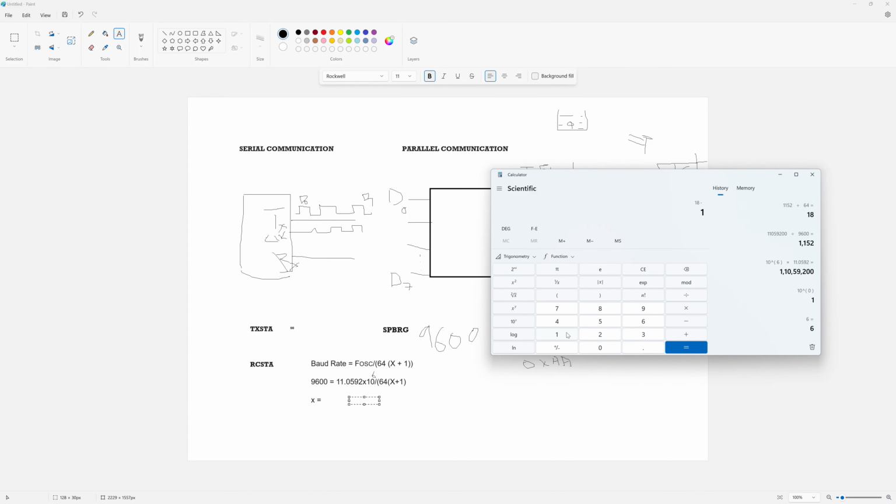Minus 1. Okay, so the value of x we are getting at the end is 17.